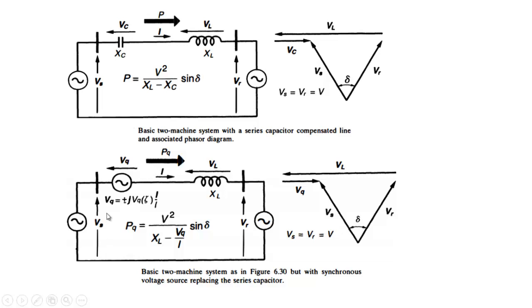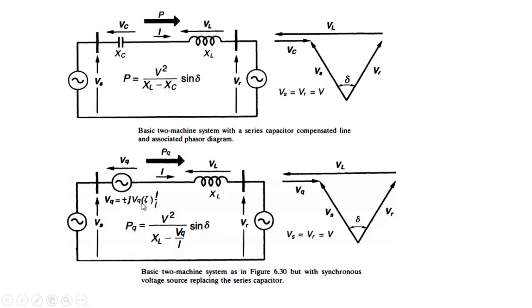So VQ will be inserted like this, minus j VQ times I by |I|. This VQ is the magnitude of this voltage. I is the phasor, that is the current, divided by its magnitude, so it only introduces the angle. This we have done for the STATCOM also, where we introduce the angle of the voltage to the current of IQ.